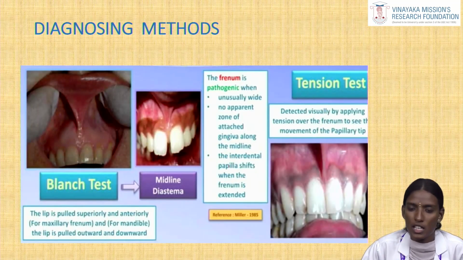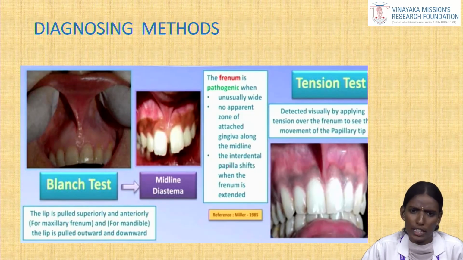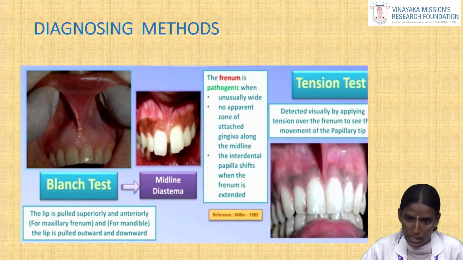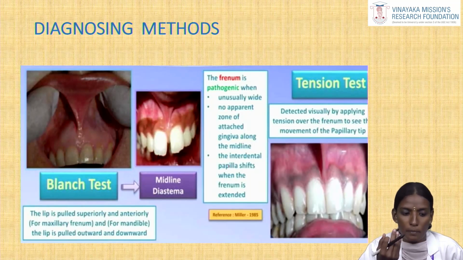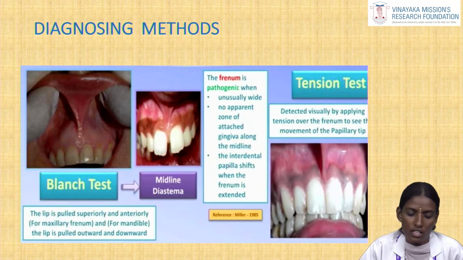This is the most commonly used classification: mucosal, gingival, papillary and papilla penetrating frenal attachment. What is the diagnostic method of frenal attachment? Two main tests we follow are the blanch test and the tension test. The blanch test is mostly done in the upper lip. The upper lip is pulled superiorly and anteriorly for the maxillary frenal attachment, and the lip is pulled outward and downward for the mandibular attachment. In the upper, we can see the midline diastema.